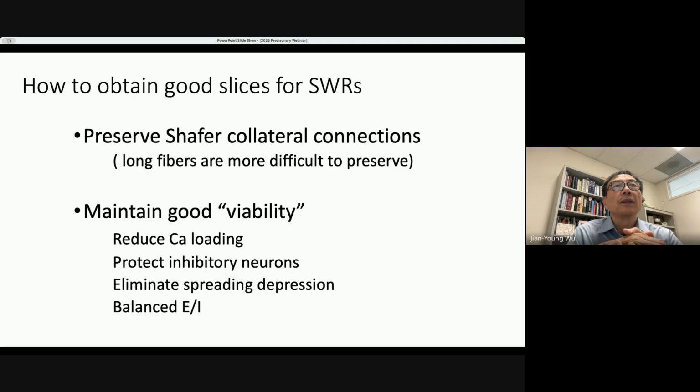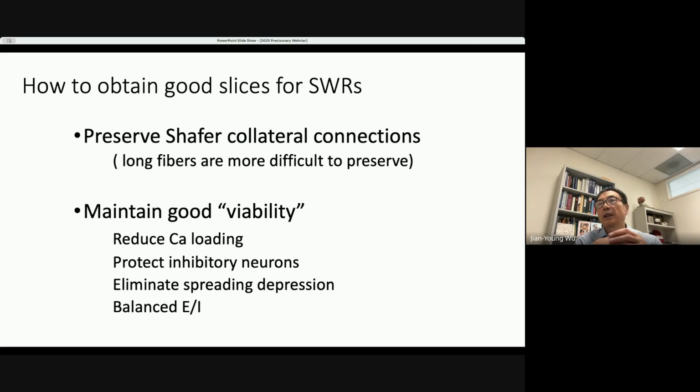Schaffer collateral connections are long axons on the cellular scale, and longer fibers are usually more difficult to preserve. So one important thing is that with a compresstome rather than a vibratome, we can better protect the Schaffer collateral connections. Another is to maintain good viability to reduce calcium loading in the tissue, protect inhibitory neurons, and eliminate spreading depressions.